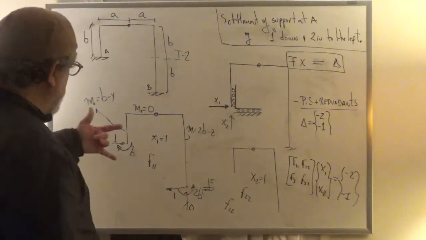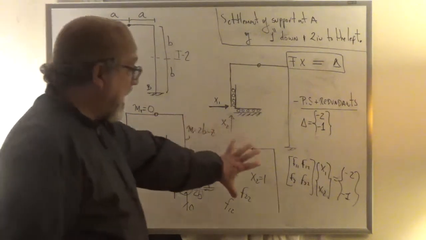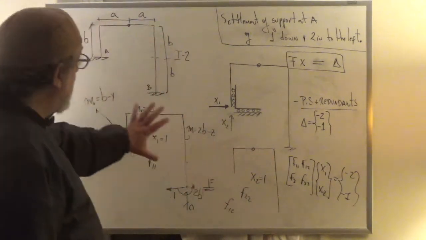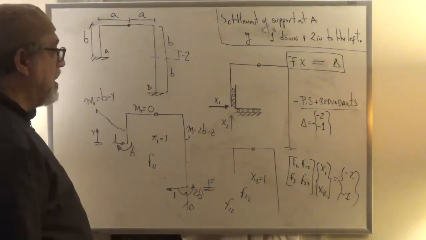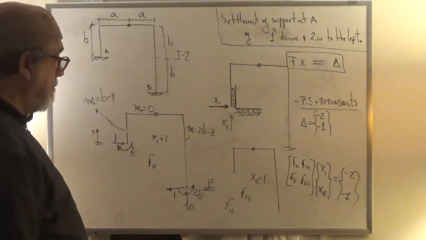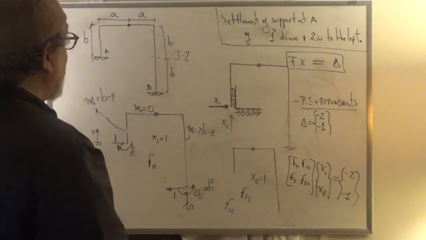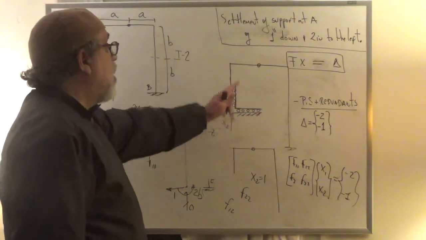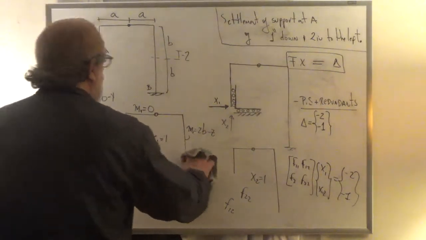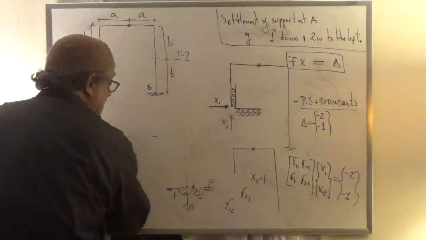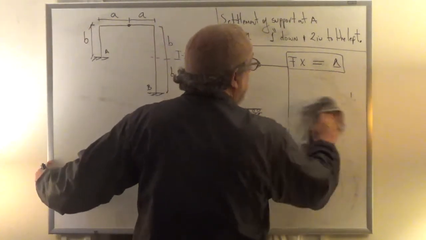It's just this sketch times whatever value of x1 comes out, plus this sketch times whatever value of x2 comes out. This plus this is the answer, right? Since there is no P sketch in the case of settlements, right? And that's it. So we've solved the problem in the case where you've chosen the redundants to be coincident with the settlement. Now let's conclude by looking at the case where we choose the redundants non-coincident.